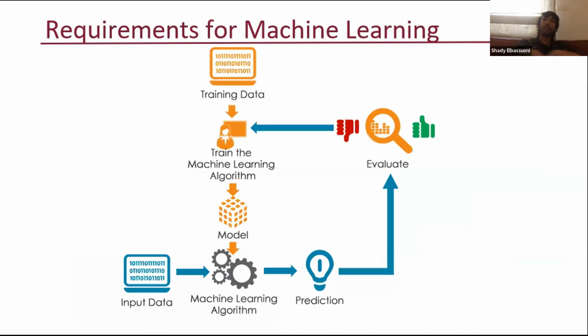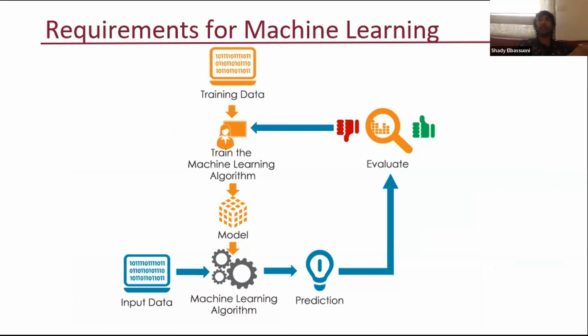Finally, this is the machine learning workflow. Once we have the data set, it's typical to split it into two parts: the training data, which is used by a machine learning expert to train a model, and the test data, which I refer to as the input data here.